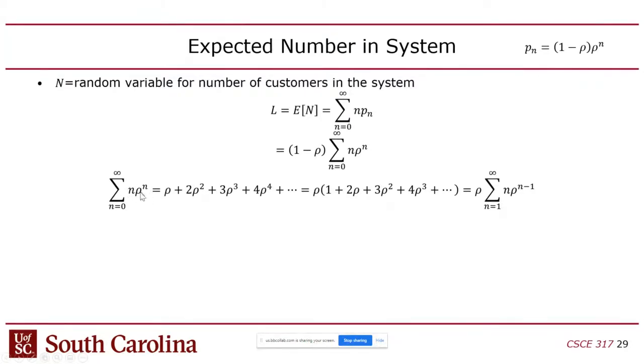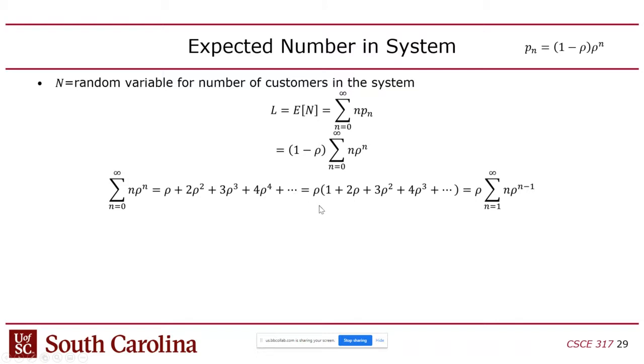So we skip 0. When n equals 0, then n times rho to the n is 0. But when n is 1, we get rho, right? And when n is 2, it's 2 rho squared. And when n is 3, it's 3 rho cubed, plus 4 rho to the 4th power, and so on.